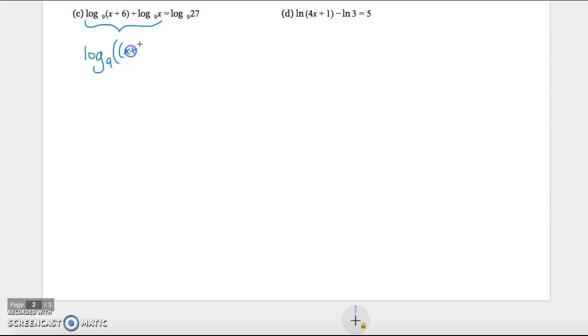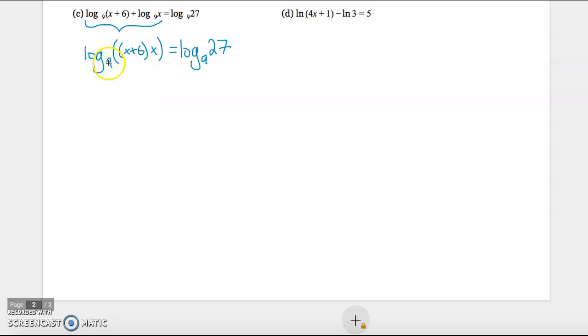So I'll have log of x plus 6 times x equals log base 9 of 27. If you wanted to go ahead and distribute that x, you can. I'm going to wait and do it in a minute. Now on the left side and right side of my equation, I have one logarithmic expression on each side, so we're good to go.